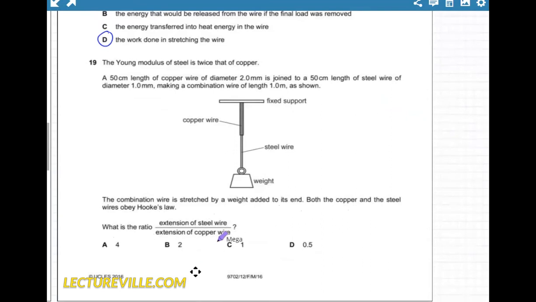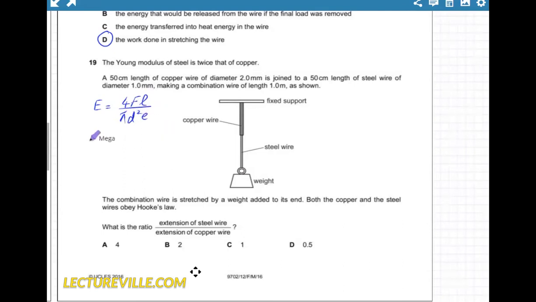Listen, whenever the examiner asks you for the extension, first you need to make the formula for extension. Young modulus is E equals 4FL over pi d square e.